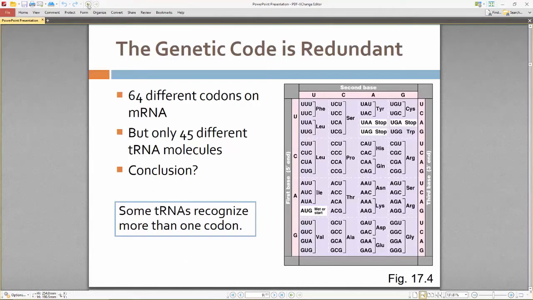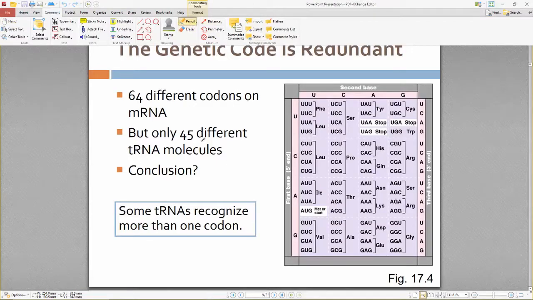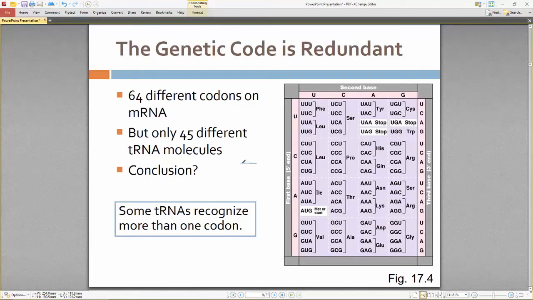The way to think about this is, if we know that tRNAs need to have a 3 base anticodon, then shouldn't there be 64 different tRNA molecules corresponding to the 64 different codons on mRNA? Well, the answer is that some tRNAs can actually recognize more than one codon.